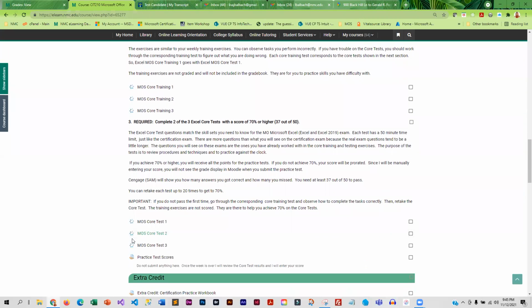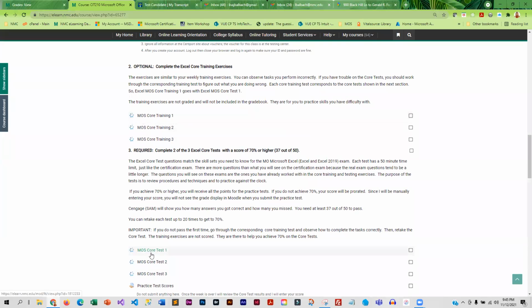The other thing that's required is for you to complete 2 of the 3 core tests. So I've got 3 of them. You need to get 70% or higher. And so there are the training tests that correspond. These are the same types of questions that you've had all semester. And so I would probably go through a couple of the core trainings because they're not timed and they show you how to do everything.